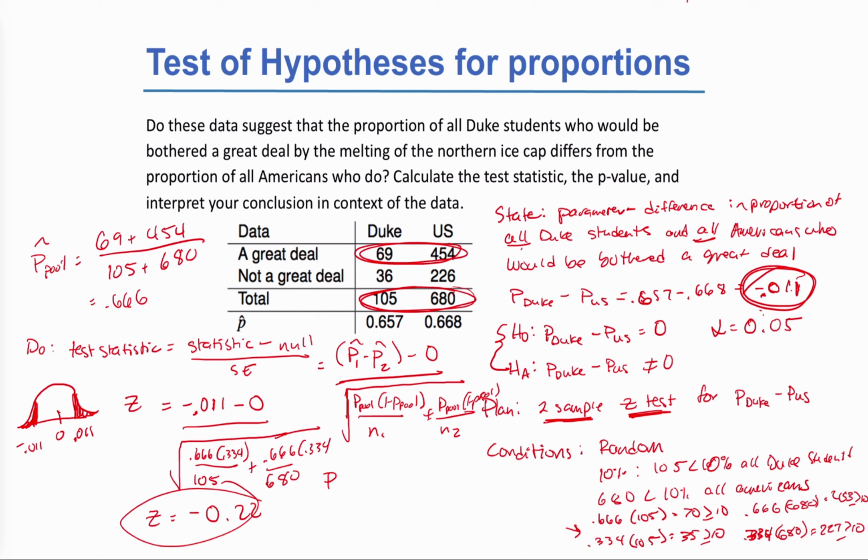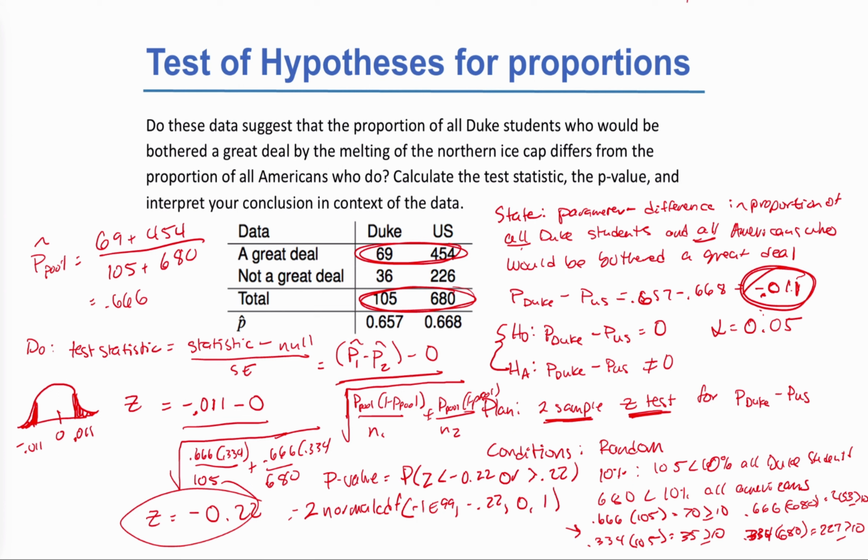Your p-value is going to be the probability that z is less than negative 0.22 or z is greater than positive 0.22, which is 2 times the normal CDF of negative 0.22.